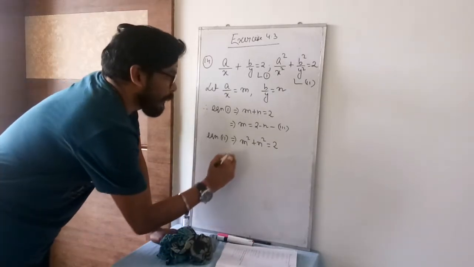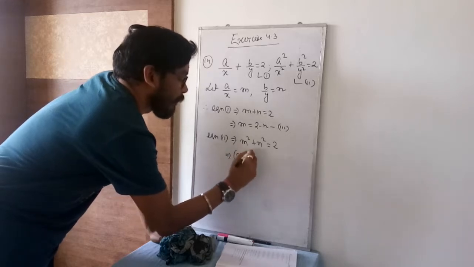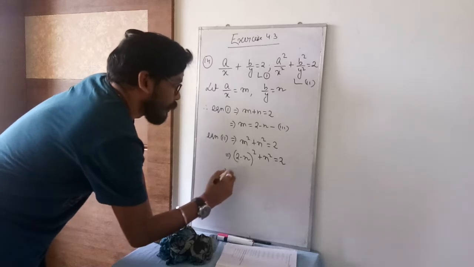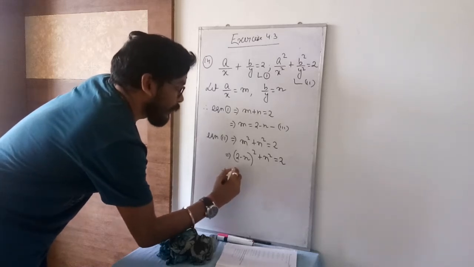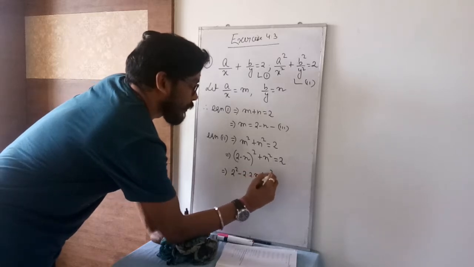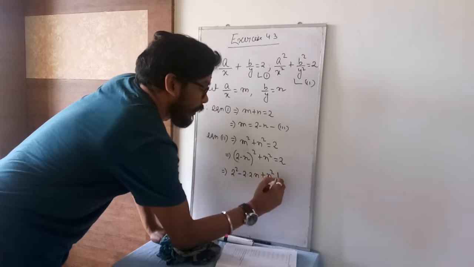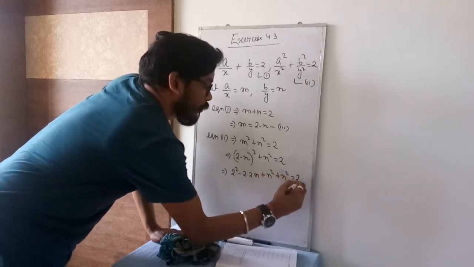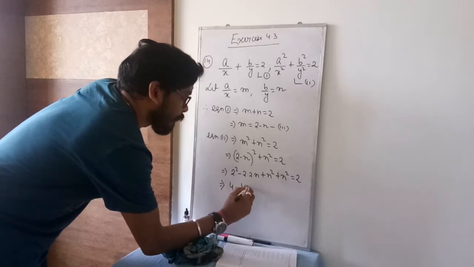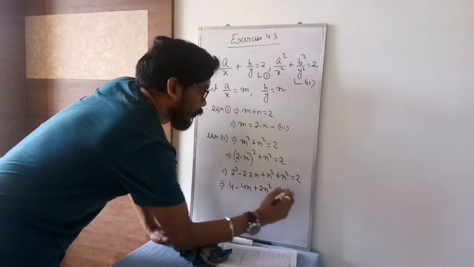Now you put the value of m from equation 3, so it is (2 minus n) whole square plus n square equal to 2. You can use here (a minus b) whole square, so a square minus 2ab plus b square. So here it is plus n square equal to 2. So you got 4 minus 4n plus 2n square minus 2 equal to 0.